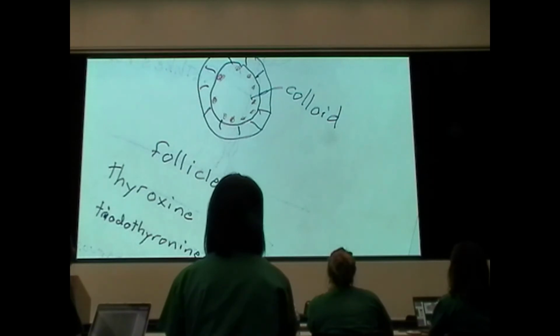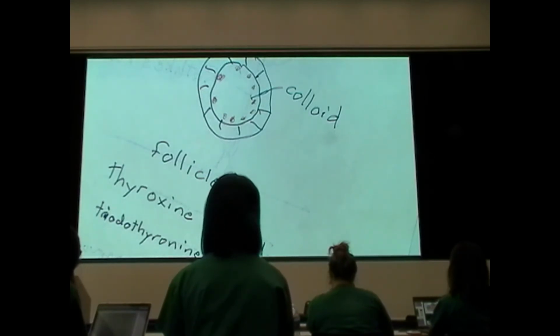The granules are exocytosed into the follicle so that the colloid consists of thyroglobulin. Thyroglobulin is not a hormone. It's just the beginnings of a hormone.